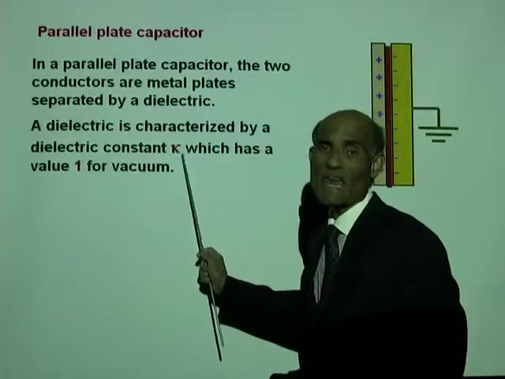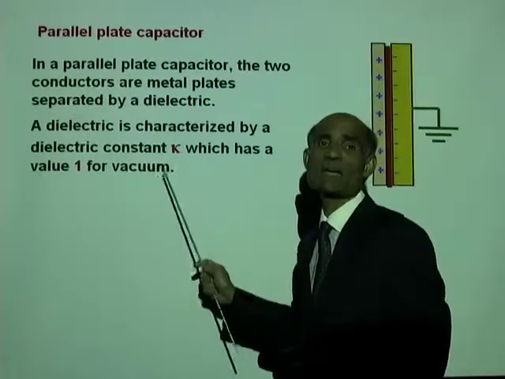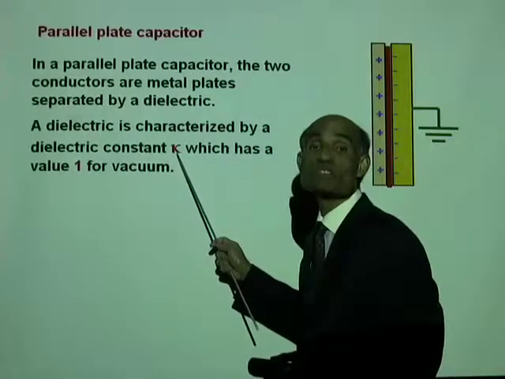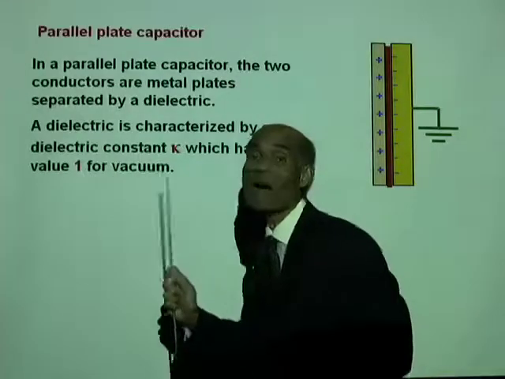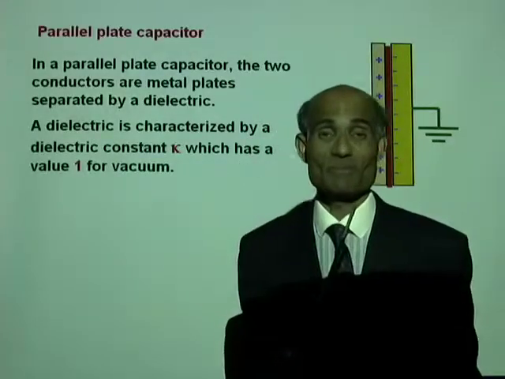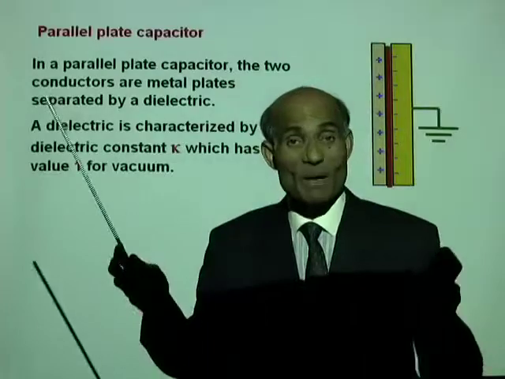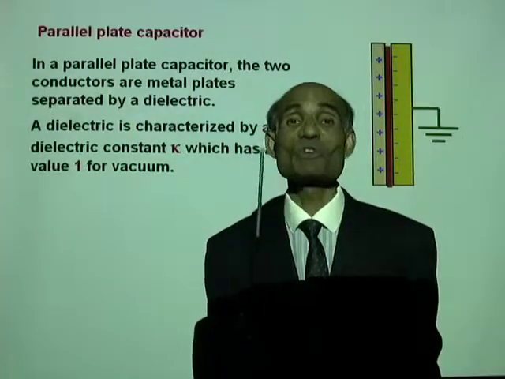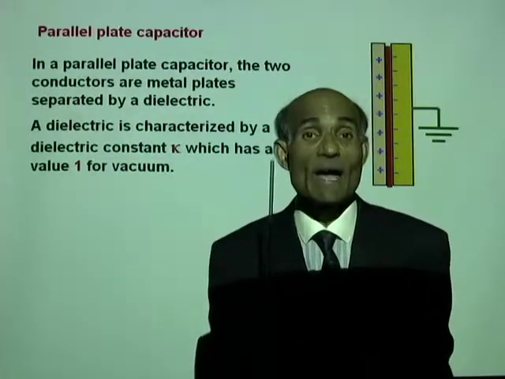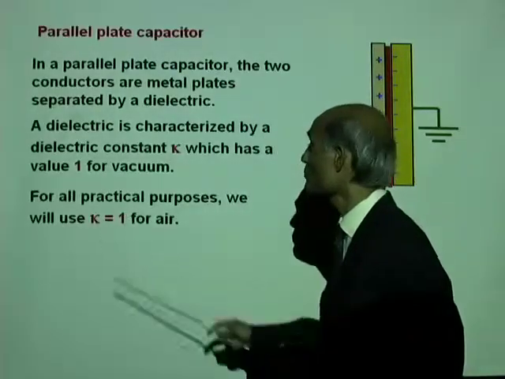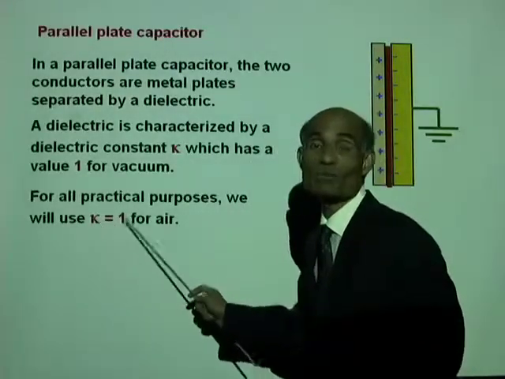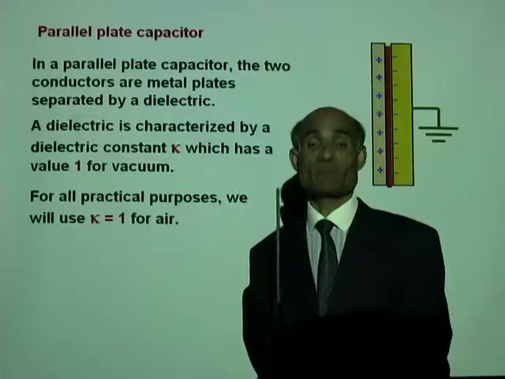Don't call it K. It looks like K, but we use this as a Greek letter. It's kappa, which has a value 1 for vacuum. But for all practical purposes, we use kappa equal to 1 for air.